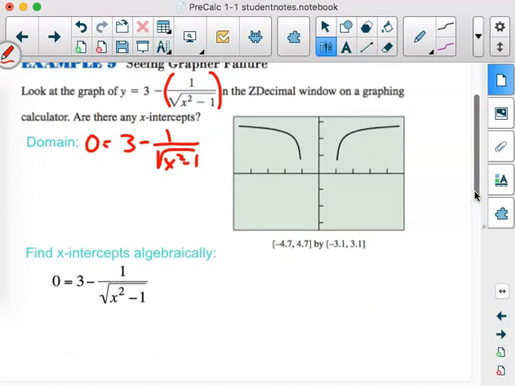So we'd subtract 3 from both sides. Divide both sides by -1 to get rid of those negatives. And then we'd think of this as if it were a proportion. You could slap a little 1 down here if you want to, but we'd cross multiply. That would be the easiest way to solve this.